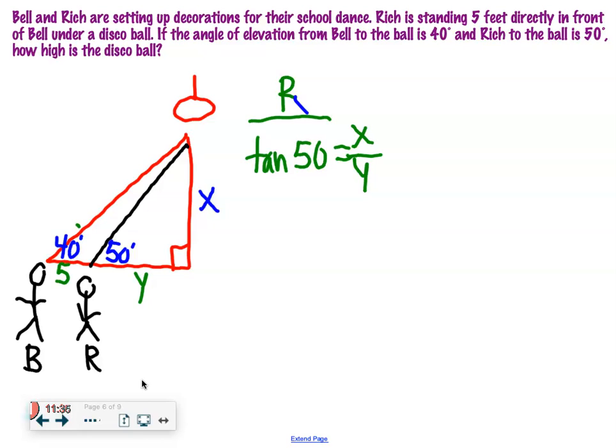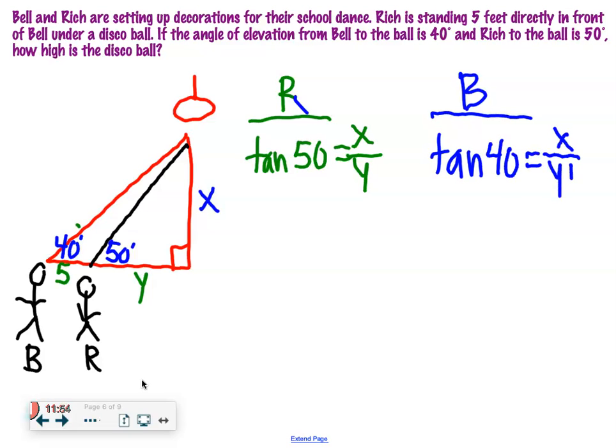The same thing, but how would I represent this whole bottom distance? Y plus 5. So now for Belle, tan of 40 equals X over Y plus 5.